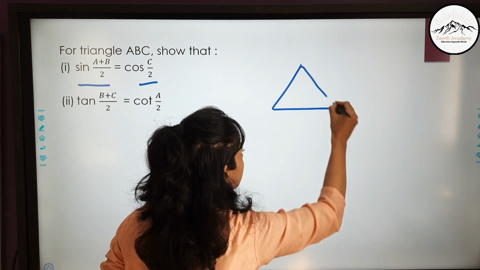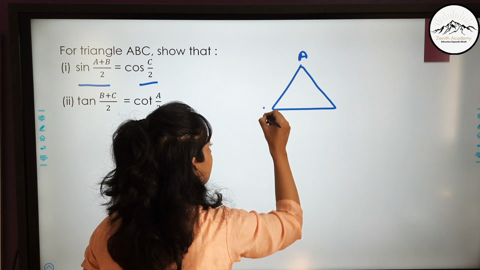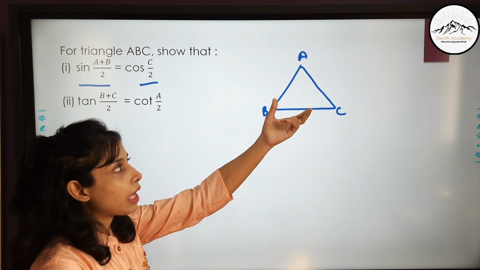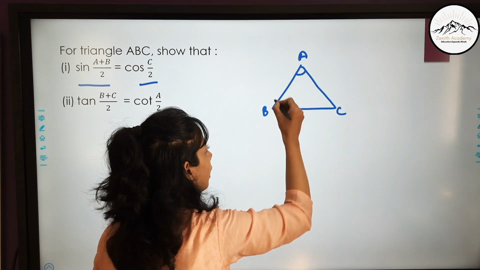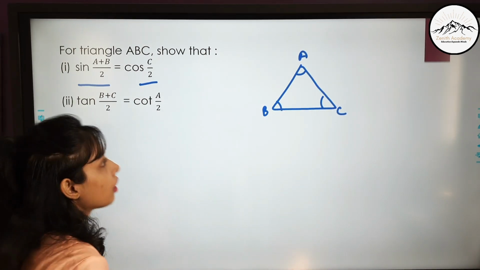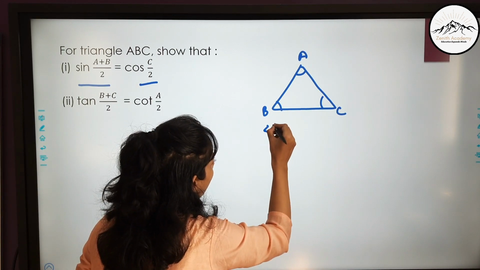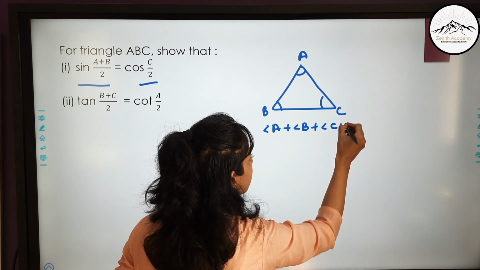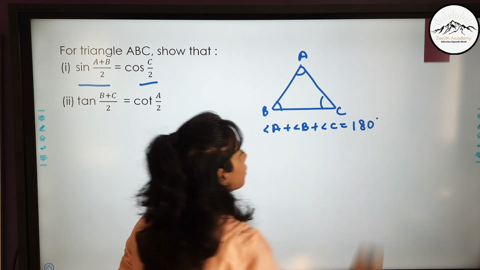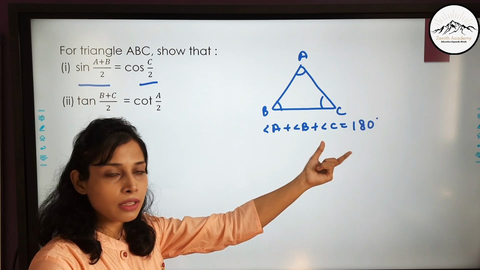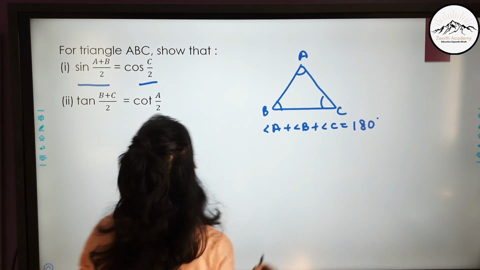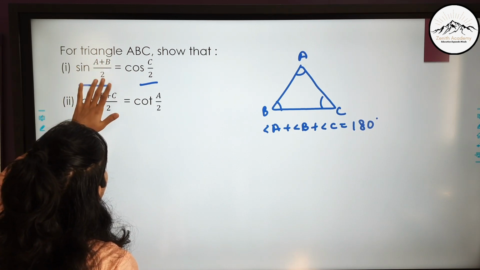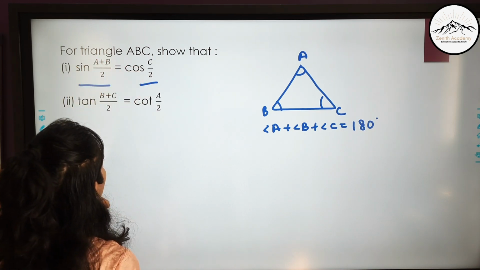Now see, this is a triangle ABC and we have got three angles, angle A, angle B and angle C. Now angle A plus angle B plus angle C is equal to what? 180 degrees. The sum of the angles of a triangle is always 180 degrees. Now what we need to prove is sine A plus B by 2 is equals to cos C by 2.